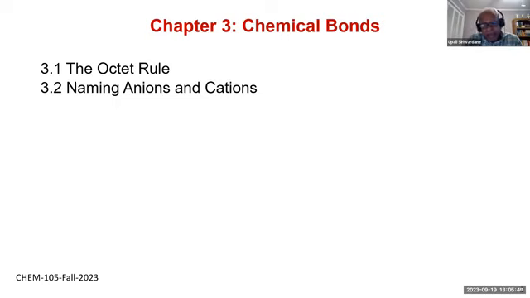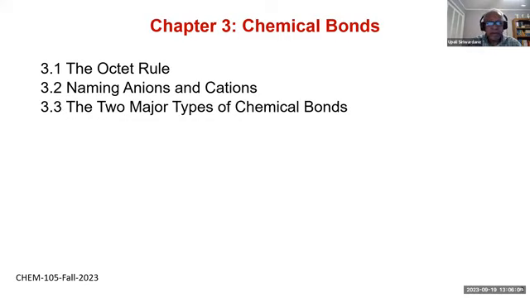Normally metals lose electrons to make cations. Non-metals gain electrons to make anions. So we're going to look into how the anions and cations formed are named. There's another way to gain an octet of electrons.